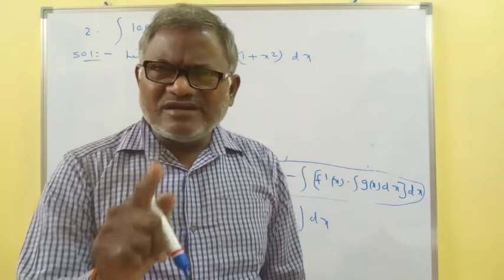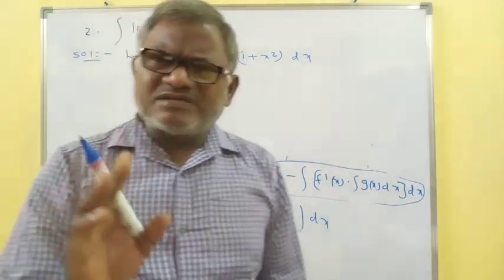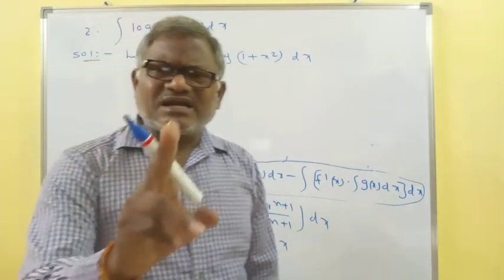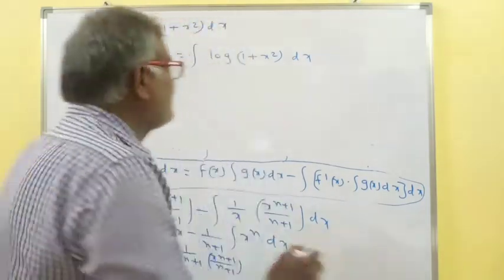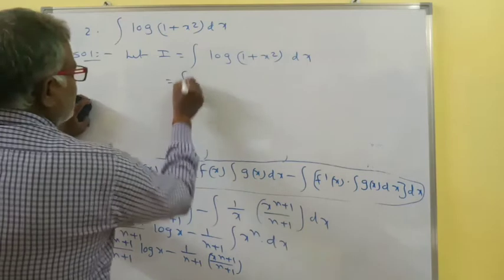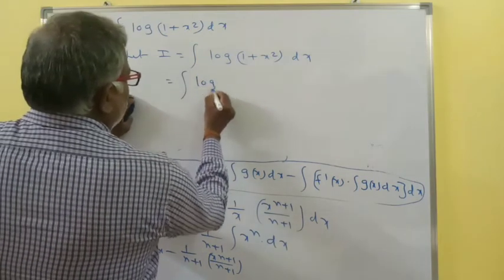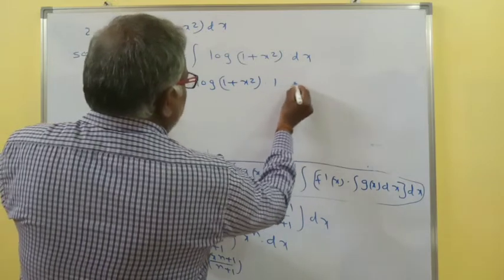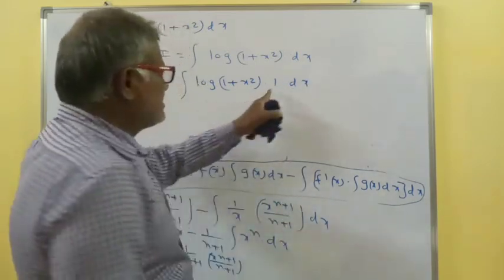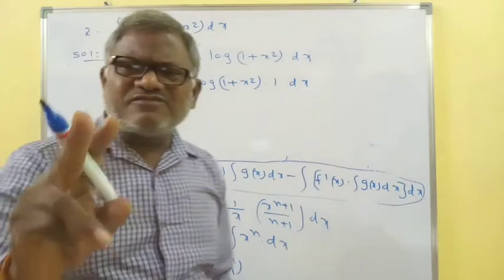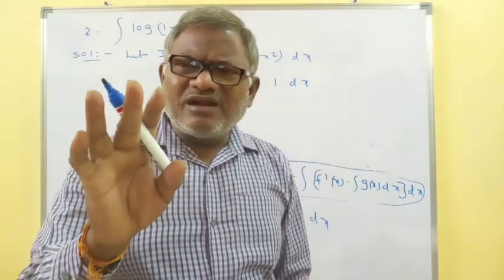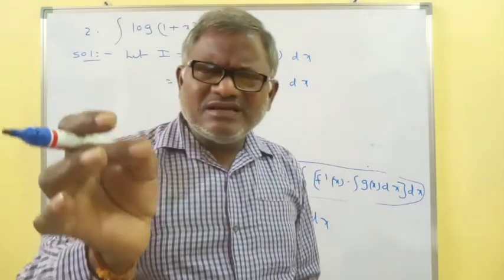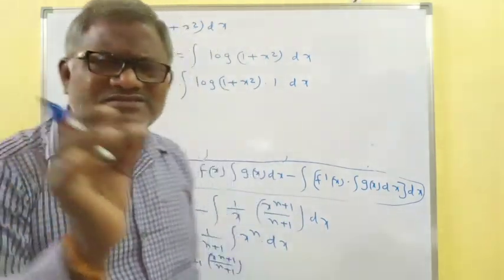So here, log of 1 plus x square into 1 dx. Always choose the second function as unity.